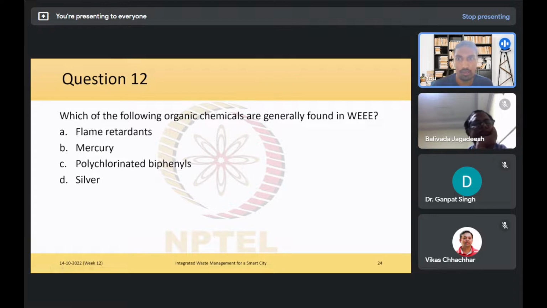First, we can eliminate options B and D because they are inorganics, right? So the only organics are found in the flame retardants and polychlorinated biphenyls. Those are the correct options. Flame retardants are used so that these equipments do not catch fire, right?